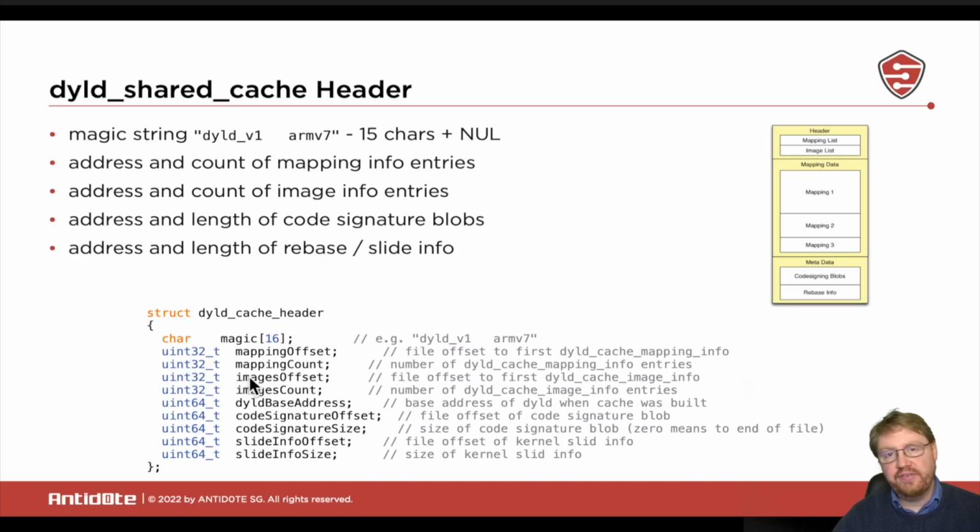And then you have stuff in there like how many mappings we have, how many images, that means how many libraries are in there, and where these are in the file, and you have information about the code signing blobs and where the so-called slide info is. And slide info is basically the rebasing information in case you want to rebase, for example due to ASLR.